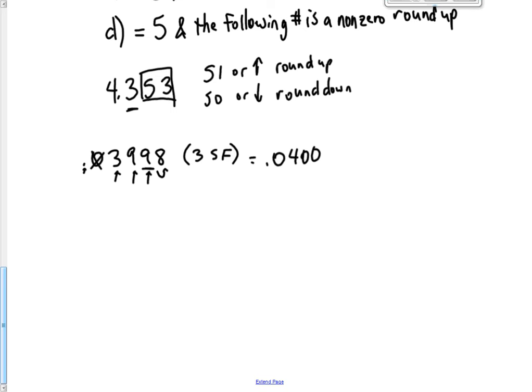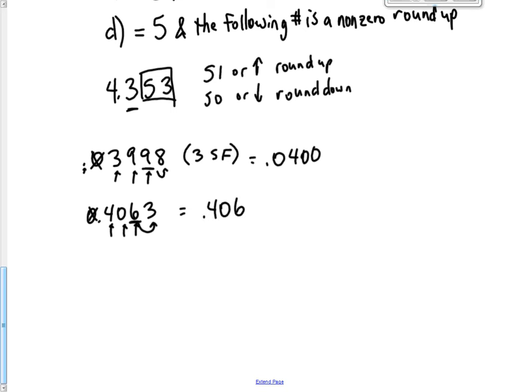All right. Let's say that we have 0.4063. Again, we have to identify the 3rd significant figure. We're going to skip this 0. We have 1, 2, 3. So the 6 here is our 3rd significant figure. We're going to look to the right. All right, and that is a 3. So we're going to round down. Okay. So our answer is 0.406.